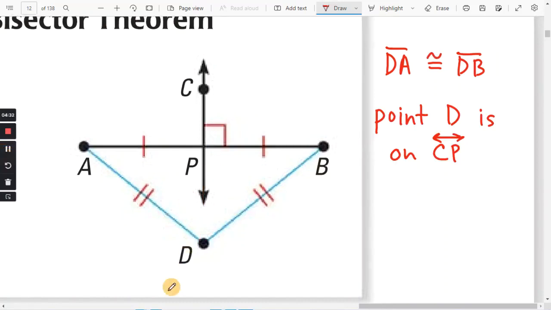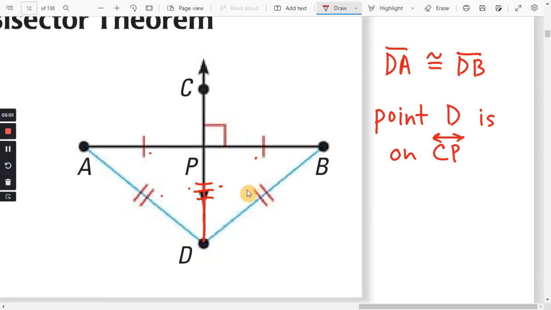So if you didn't know this theorem, but you just extended the line, and let's say for the sake of argument, you stopped at point D. You just drew that line right there. This side is shared by both triangles, so I can mark that congruent to itself. And then we have side, side, side.